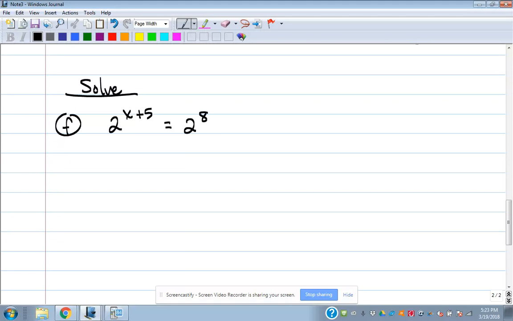They both have the same base, and both have exponents, right? If the bases are the same, and they've got exponents up here, what do we know about those exponents? They'd have to be the same, wouldn't they? If 2 to something is equal to 2 to the 8th, then this something over here has got to be 8, right? So x plus 5 equals 8.